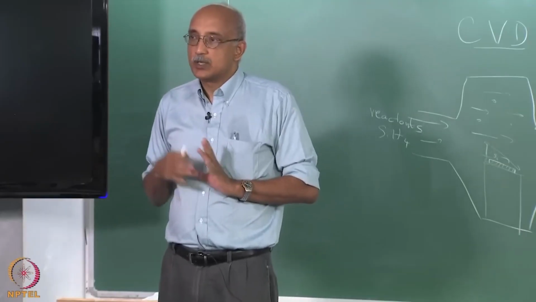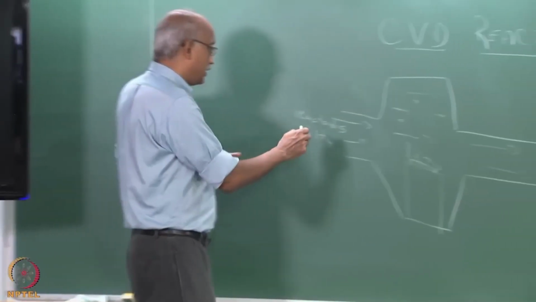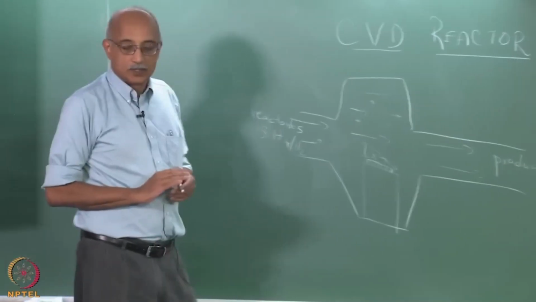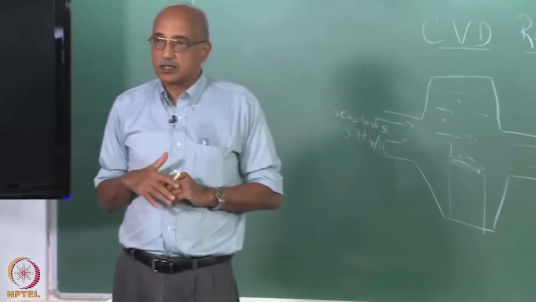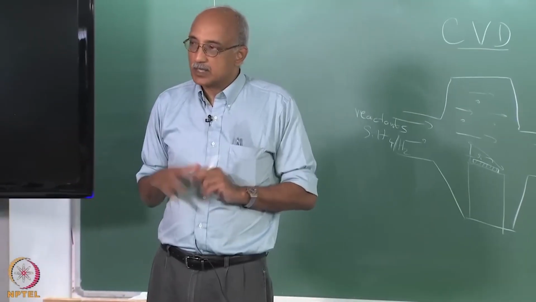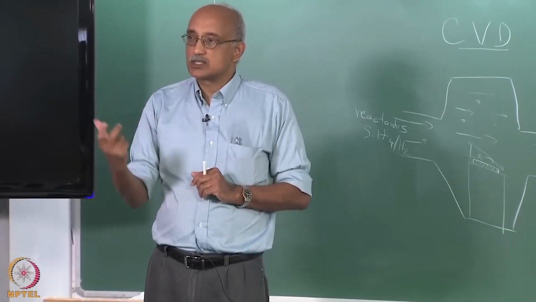So, instead of just flowing silane through the reactor, you will essentially take a silane with, for example, H2 mixture, and in fact the silane concentration will be kept around 10 to 20% and the H2 concentration will be kept at 80%. So, the hydrogen gas in this case is used as a diluent. It lowers the concentration.